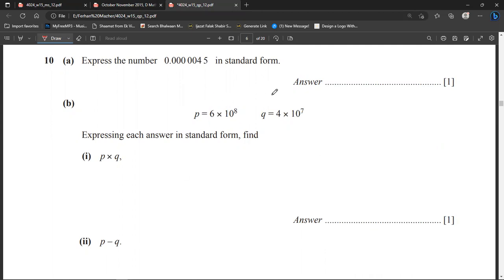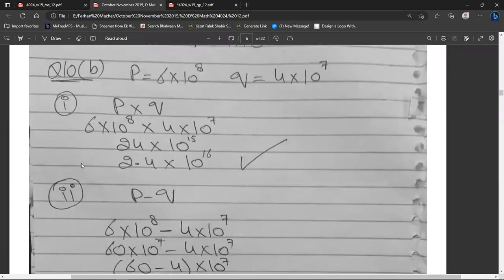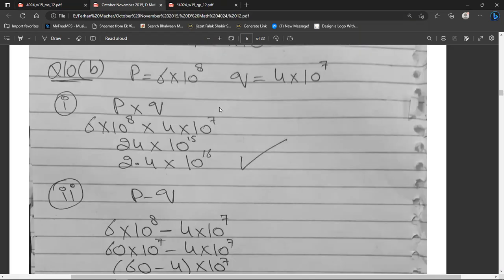The 6 will multiply with the 4, that will become 24, and 10 to the power 8 multiplied by 10 to the power 7 will become 10 to the power 15. This is not the standard form, so I will move the decimal one step to the left. When you do that, you increase the power of 10 by 1. So it will become 2.4 times 10 to the power 16. 2.4 times 10 to the power 16 is the right answer. This is the solution. Hope you understand.